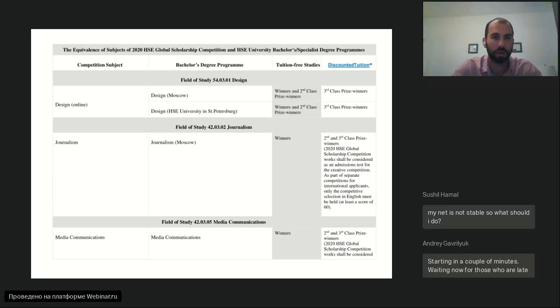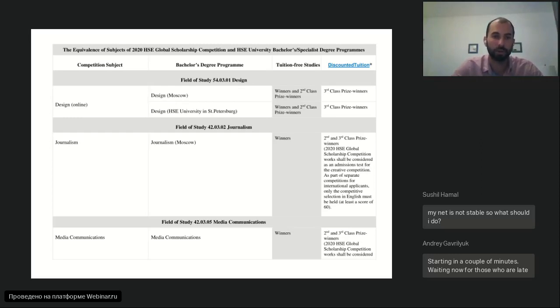So you can see here that there are subjects denoted on the left, like different subjects of our competition. You may know that this competition, Global Scholarship Competition, is held in different subjects. And you can see here design, journalism, media communications.